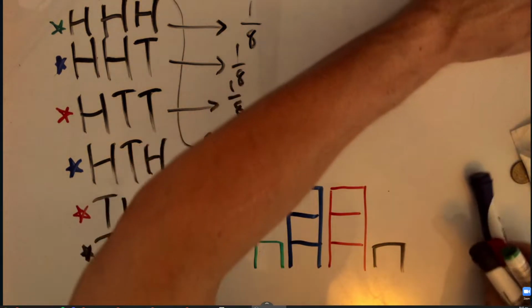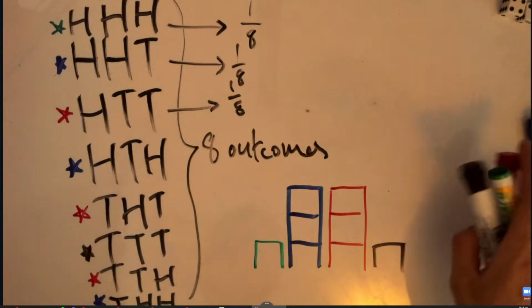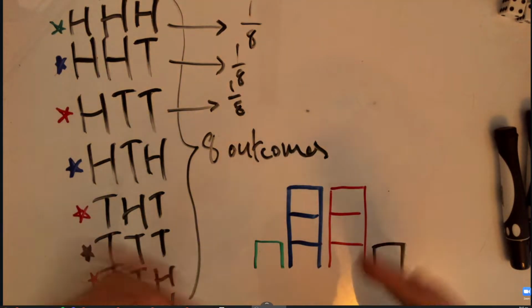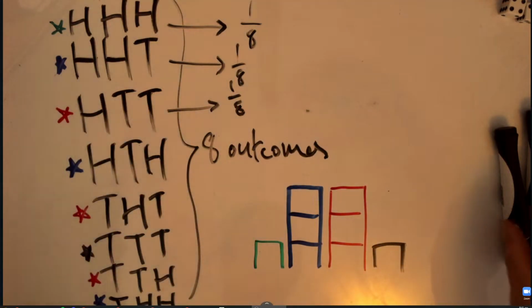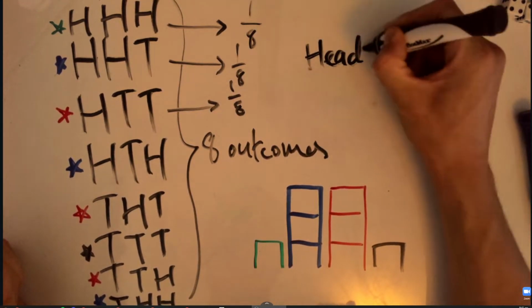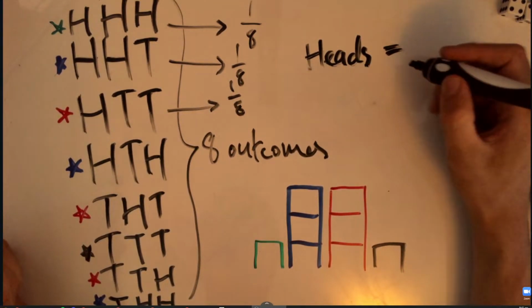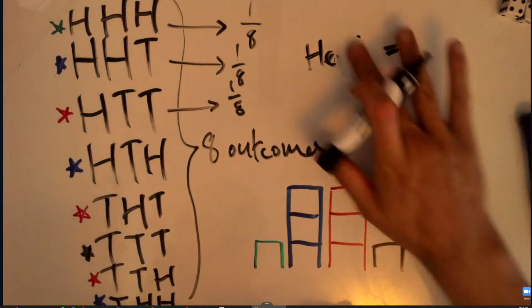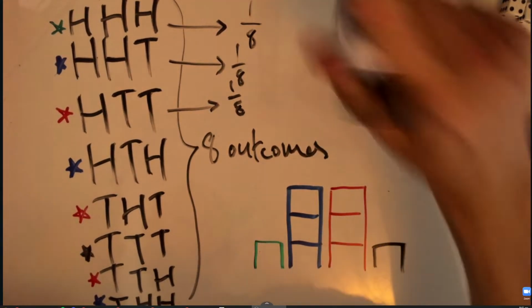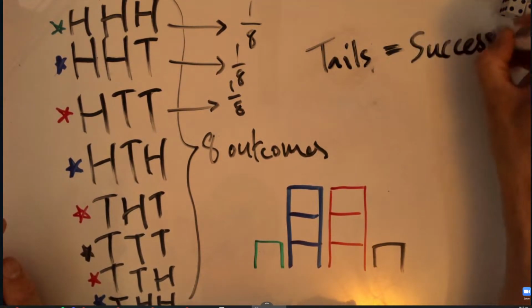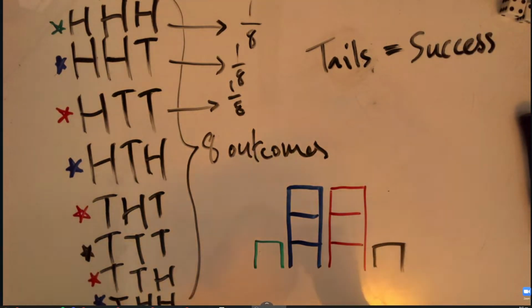What we do when we're talking about this distribution is label things with a success and a failure. Here we've got heads and tails, so let's pretend which one's a success. I want to do it the other way around because of the order of my distribution. I'm going to say that tails equals success, because I want the number of successes to increase.